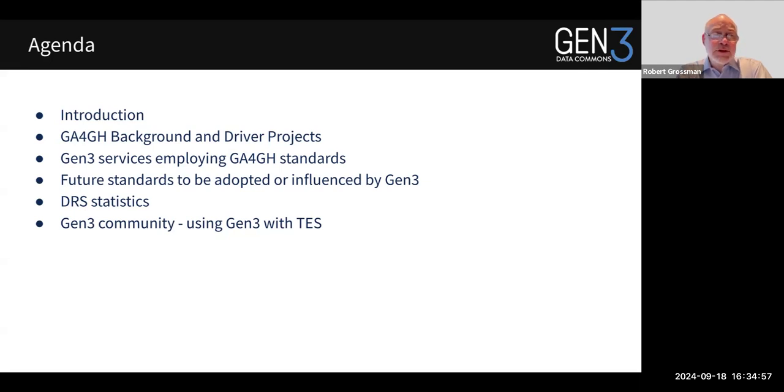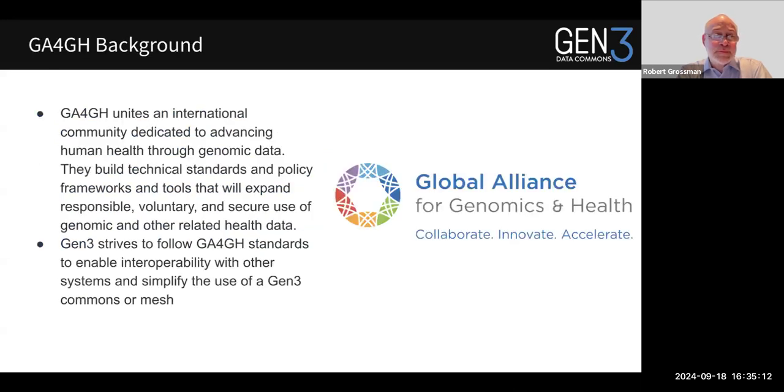I'll quickly remind you of what GA4GH is. Many of you are quite intimately involved. In the next couple of slides, I'll then pass it over to the others for the technical presentation. GA4GH is a standards organization around genomics and health, as you can see from its name, the Global Alliance for Genomics and Health.